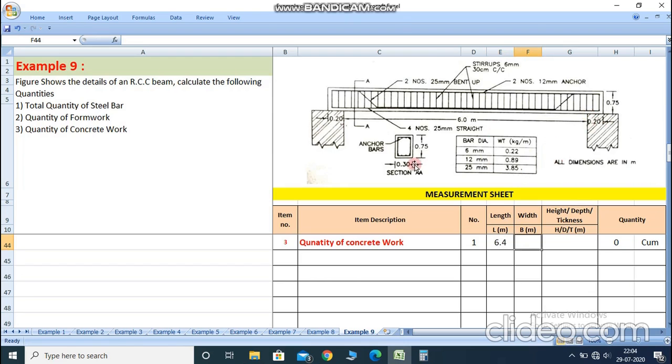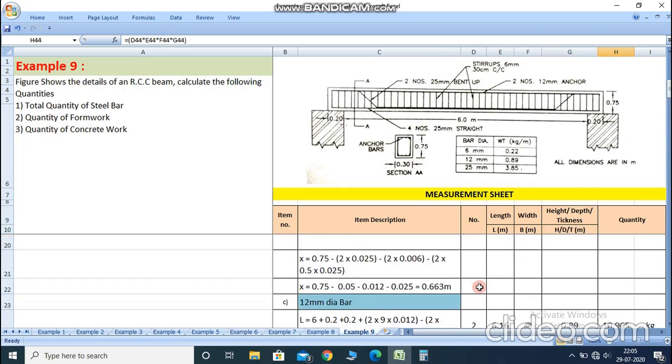The width of the beam is 0.3, and the height given in the section is 0.75. So the total quantity is 1.44 cubic meter, the total quantity of the concrete work.